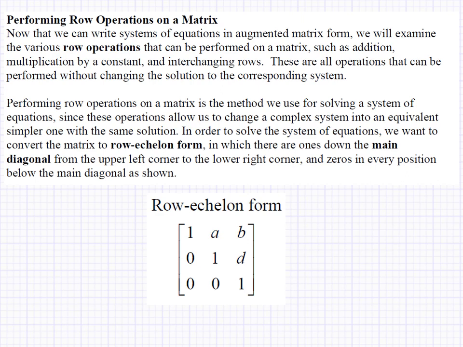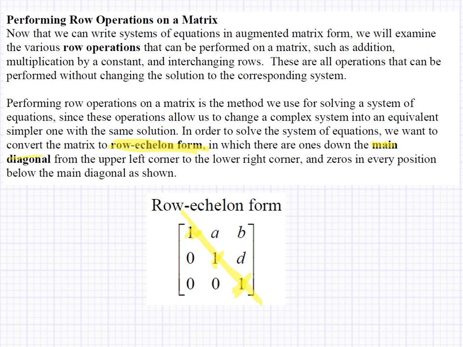In order to solve a system of equations, we want to convert the matrix into what we call row echelon form. We'll discuss exactly what that is, in which there are ones down the main diagonal of the matrix, and from upper left to lower right, it's always that direction is your diagonal.